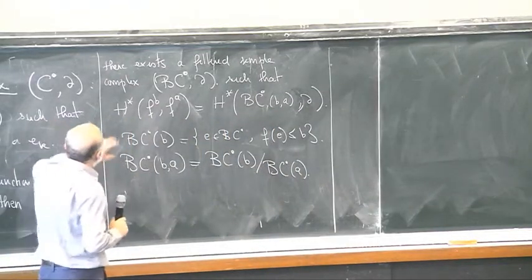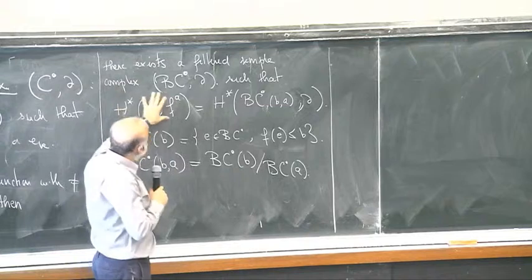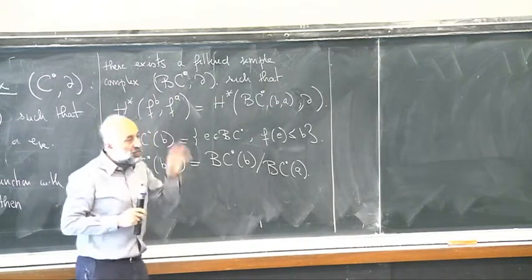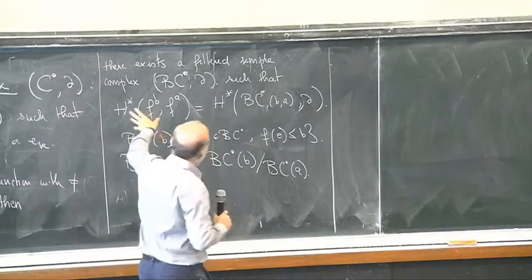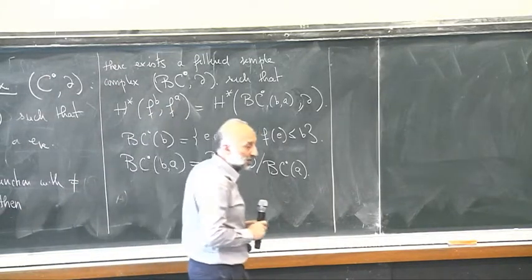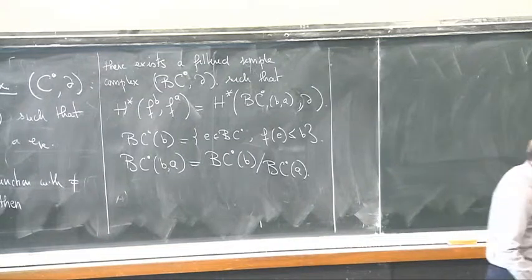And the idea is that you not only have the knowledge of this cohomology of FB and FA, but you also have maps between them and so on. So how do you construct this?